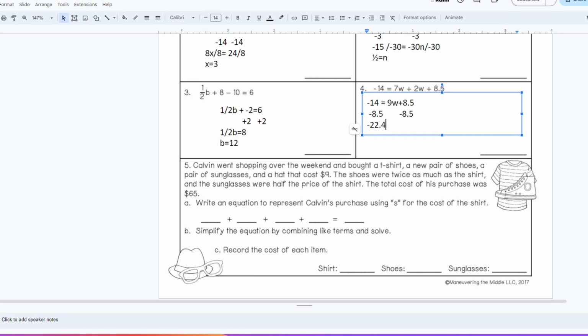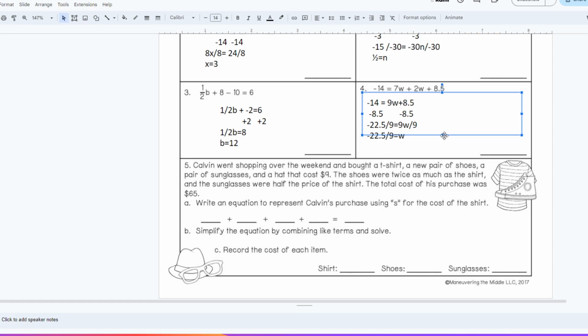Negative 22.5 equals 9w. And then we are very, very principled, so we divide by our coefficient next. And we get negative 22.5 over 9 equals w.